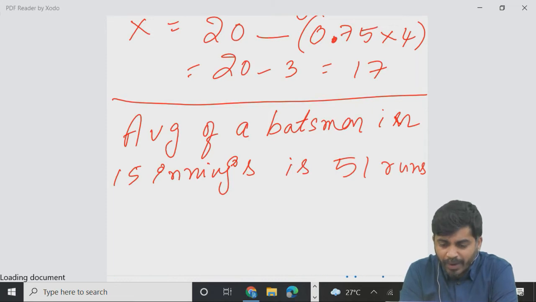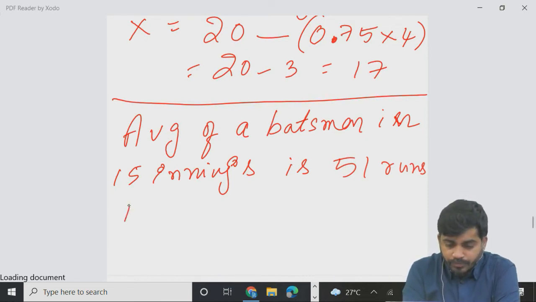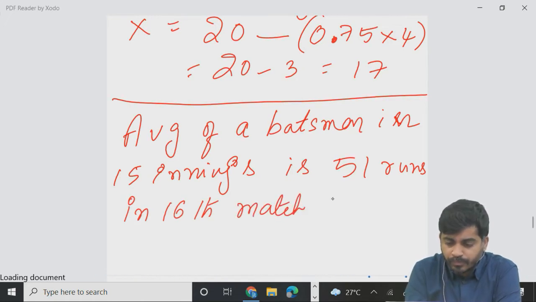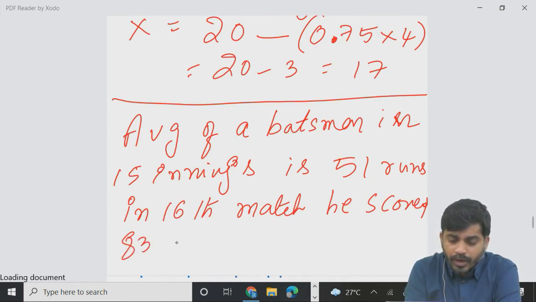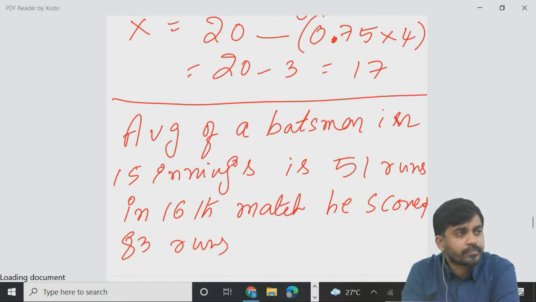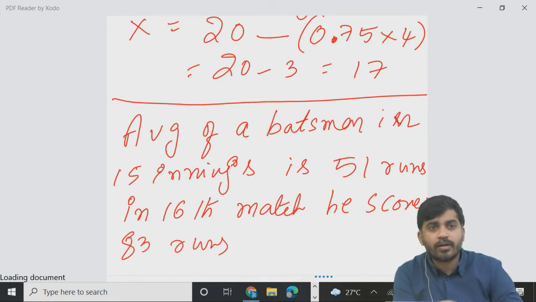Average of a batsman in 15 innings is 51 runs. In the 16th match, what happened?